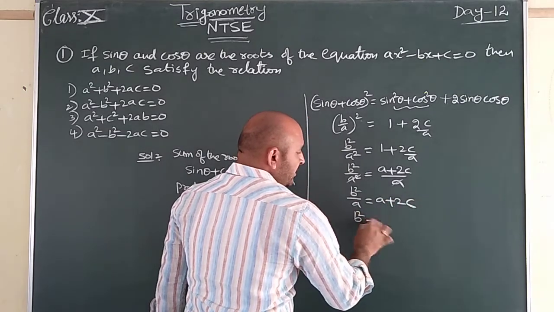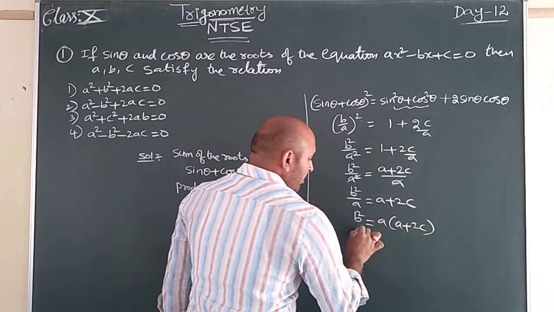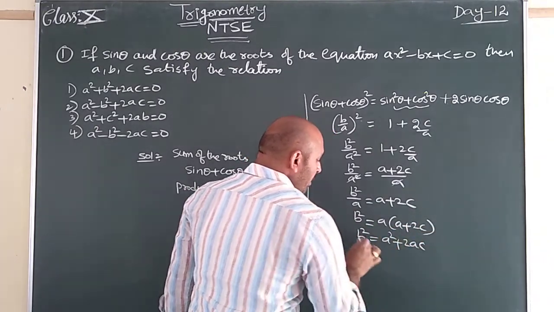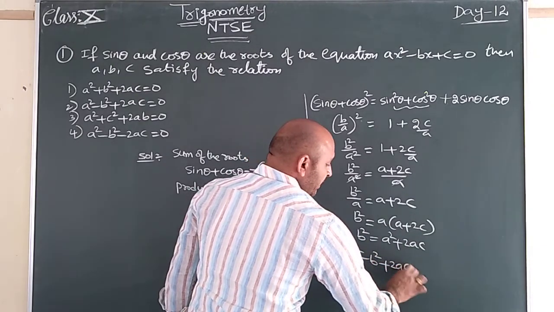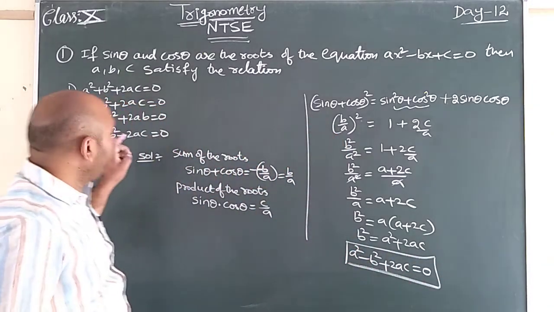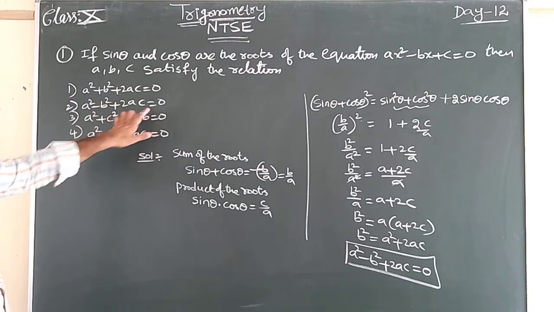So b square is equal to a into a plus 2c, that is, a square plus 2ac. Taking b square to that side, a square minus b square plus 2ac is equal to 0. This is our required relation: a square minus b square plus 2ac is equal to 0.